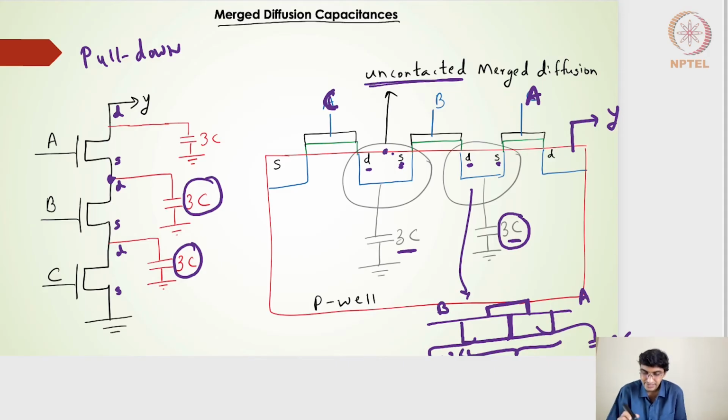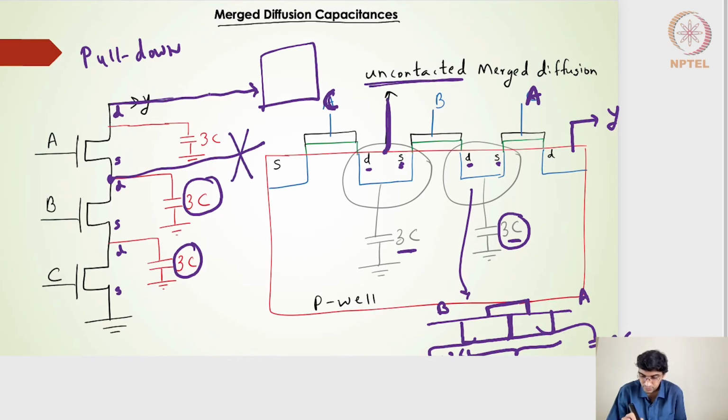What it signifies is we are only interested in the output of this particular 3-input NAND gate connected to some other circuits, right? We are not interested in this connected to any other circuit. So that's why there is no metal line flowing along this particular diffusion. We have only this output connected to another part of the circuit, and that's why it is called an uncontacted merge diffusion.